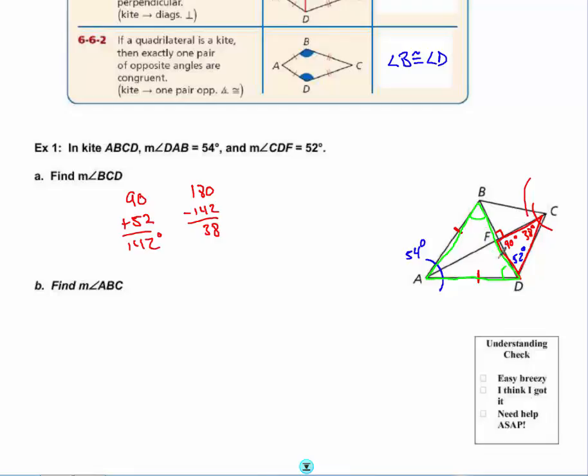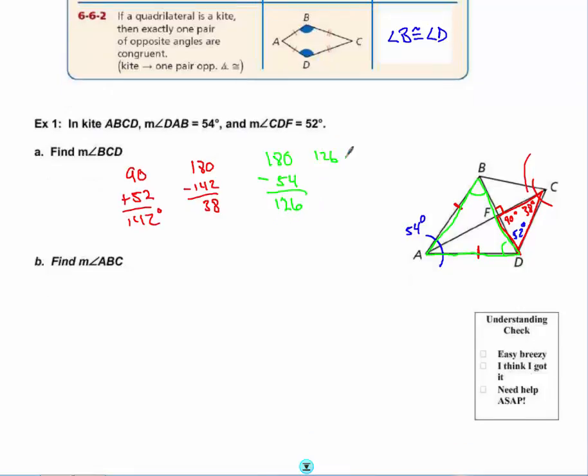Well, we could find those two angles real easily by doing 180 minus 54 gives us 126, and then if we divide that by 2, that is 63. So the angle we just found, right here and right here, these are 63 degrees. So 63, 63.